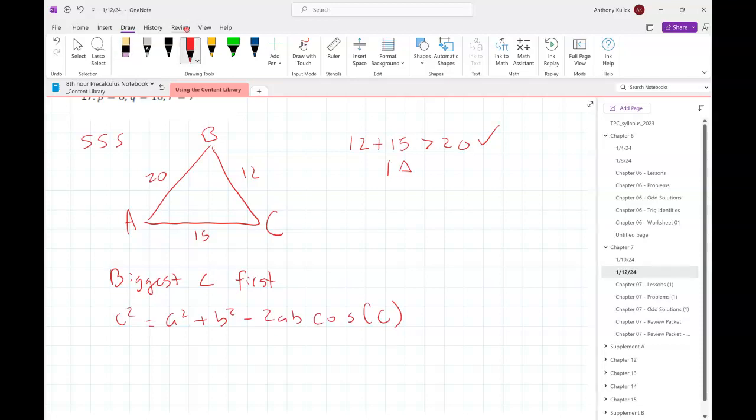Okay, so we're going to solve for angle C here. I'm going to do it symbolically first and then plug the numbers in afterwards, because I tend to find that students make fewer mistakes when you're doing it this way than if you put the numbers in. So we're going to start by subtracting over the a squared and the b squared.